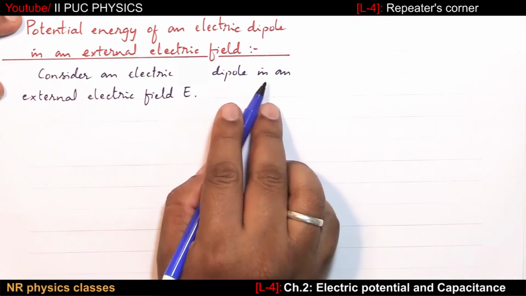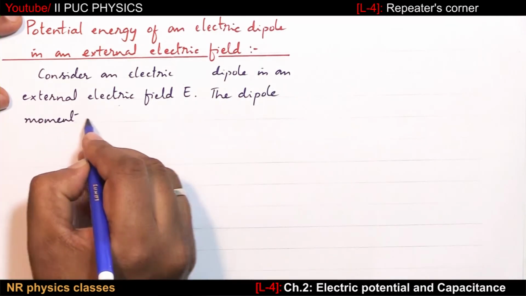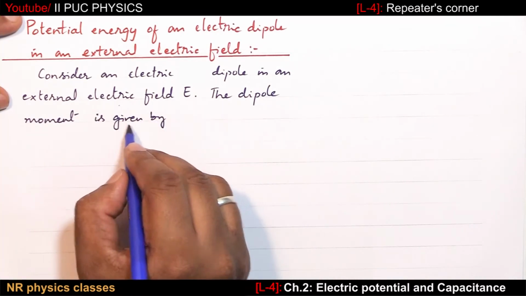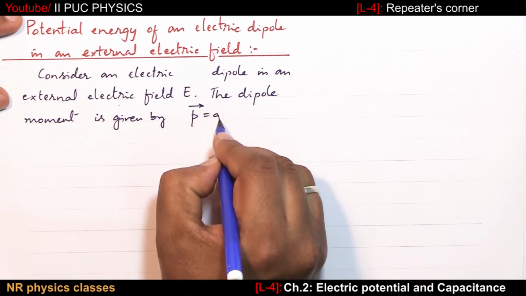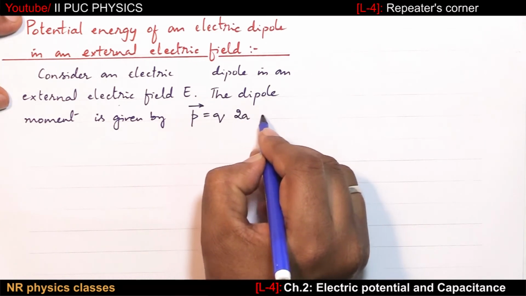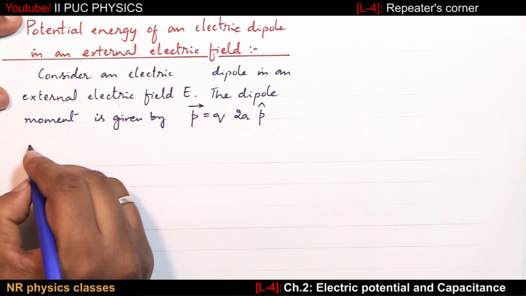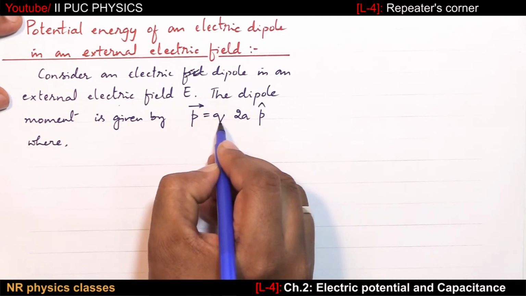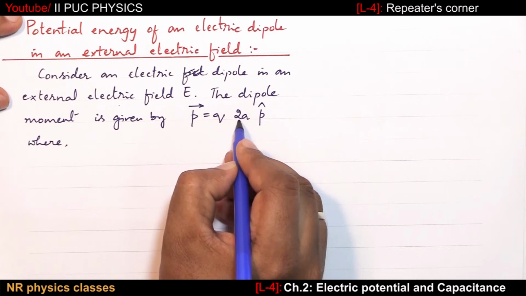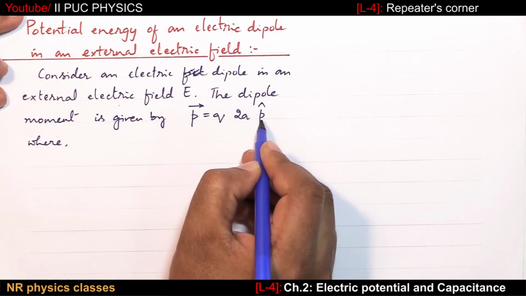Consider an electric dipole in an external electric field E. The dipole moment is given by p equals q into 2a into p cap, small letter p, where q is the magnitude of each charge, 2a is the distance between the charges, and p cap is the unit vector from minus q to plus q along the line joining the charges.